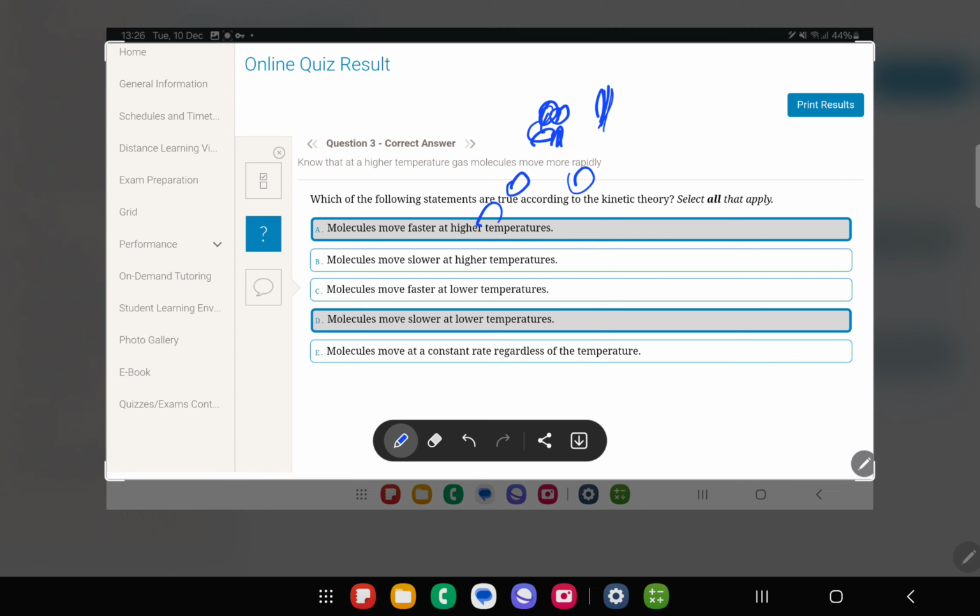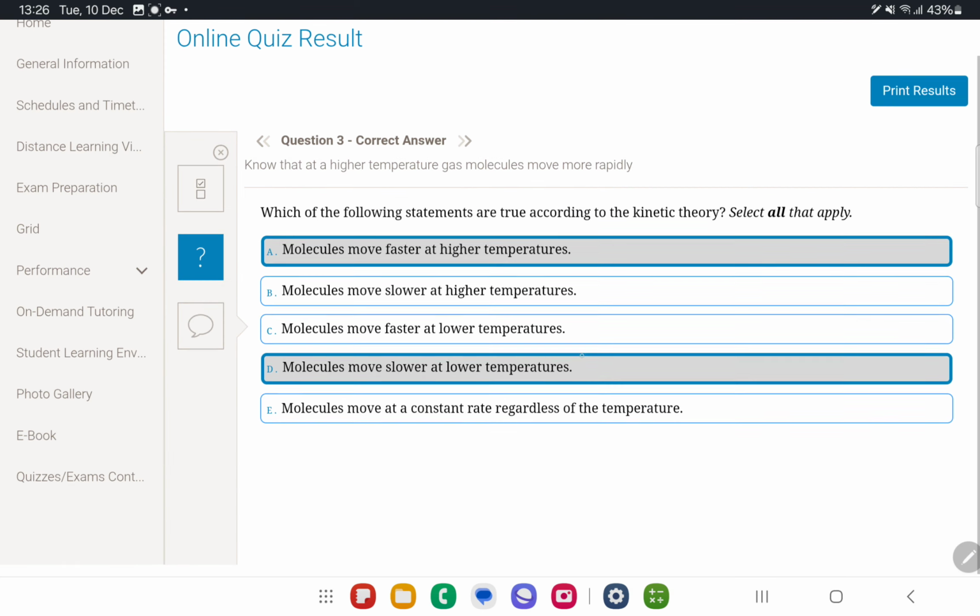It will keep spreading out until it achieves a new state. And at a lower temperature, the spread out molecules will go back in until they're tightly packed, and they move slower, of course. So that's basically it. Logic.